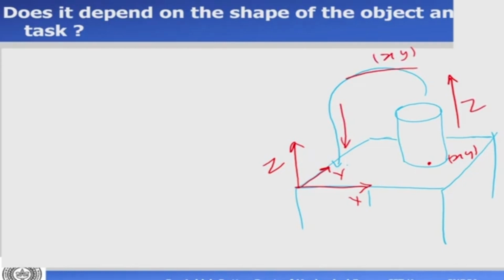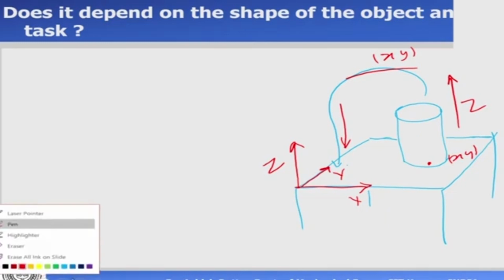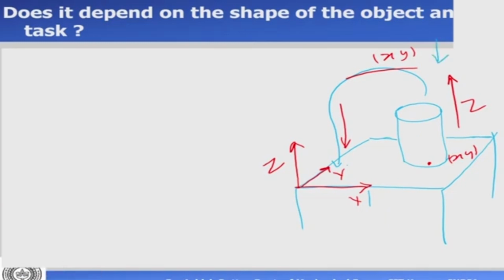So I have XYZ. Now to catch the object, if I take the top view and look at this table from the top, the cylinder is placed on the table like this. To catch it, I have to place my fingers, but unlike the rectangle, I can place them here, or here, or there.